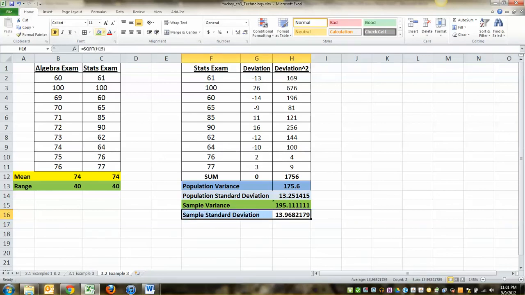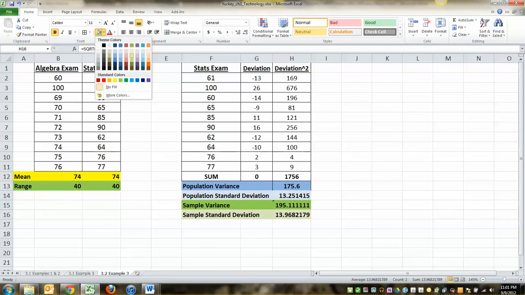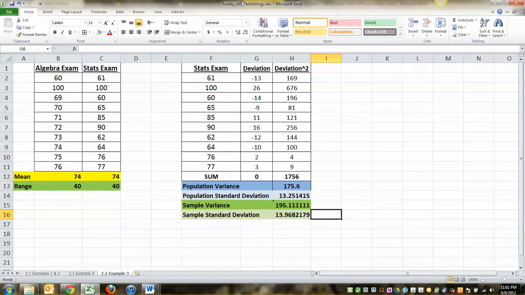This is called, n minus 1, by the way, degrees of freedom. It's going to come back to haunt you in later chapters. I don't want to get into exactly why it works because it's really outside the scope of our course. But suffice it to say that you want to make it a little bit bigger because you're working with a sample, not a population. You don't know as much. So you want to give yourself a little more get out of jail free card, a little bit more wiggle on this data set because it's a sample.